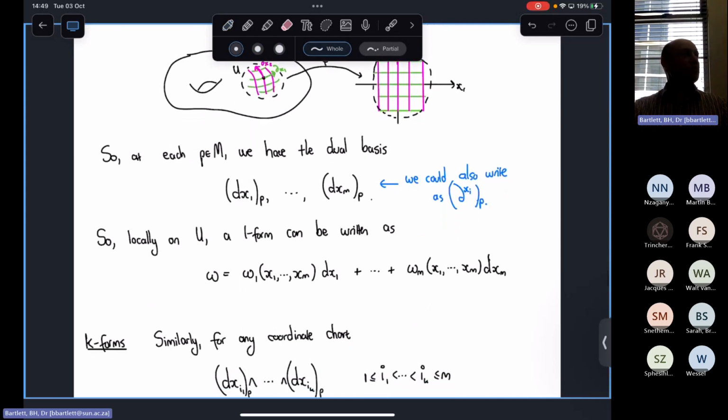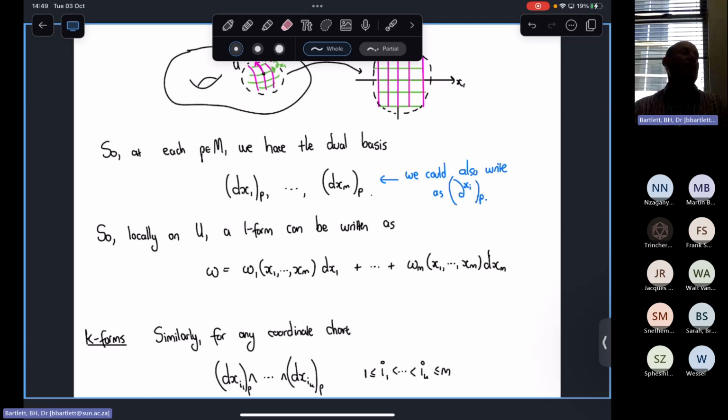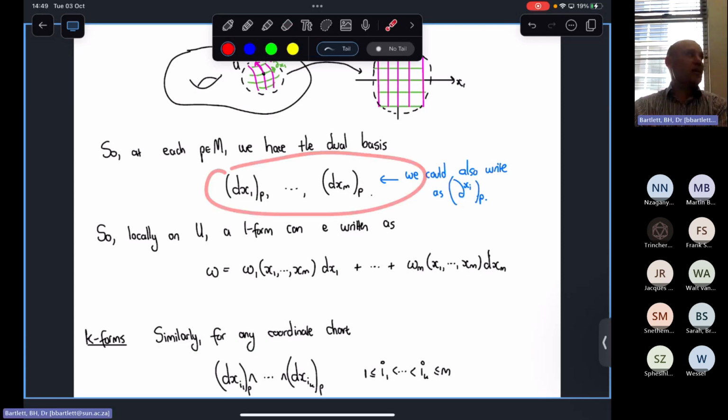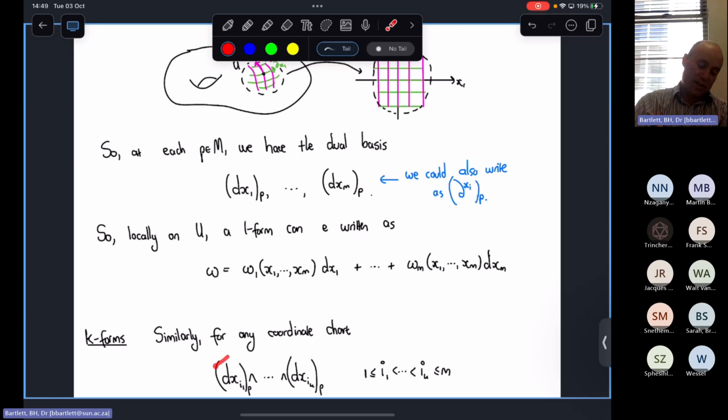What about a K form? So a K form is a section of the kth exterior power of the cotangent space. So since this here is a basis for the cotangent space, a basis for the kth exterior power of the cotangent space will be given by these wedges here. You've got a wedge of k of the dx's together.